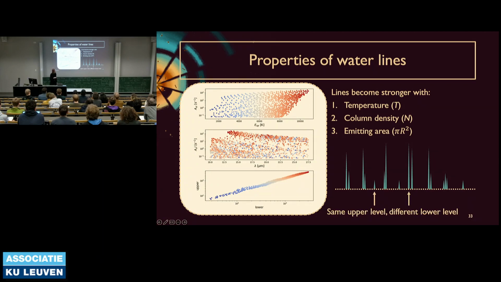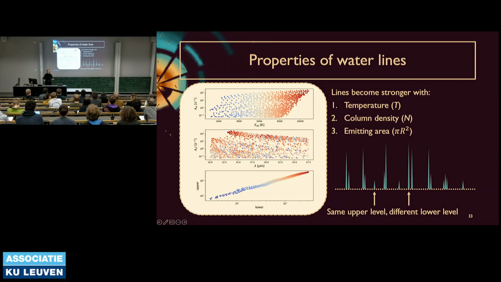Secondly, if you have the same upper level for two lines, but a different lower level, so you can see that here, you've got lines that are on the same line in terms of upper level, but their lower level is different. That means that one of them will be opaque or saturated sooner for certain column densities than the other one.